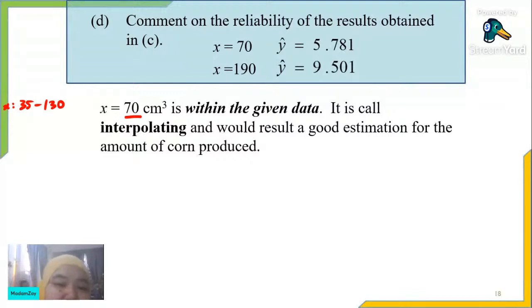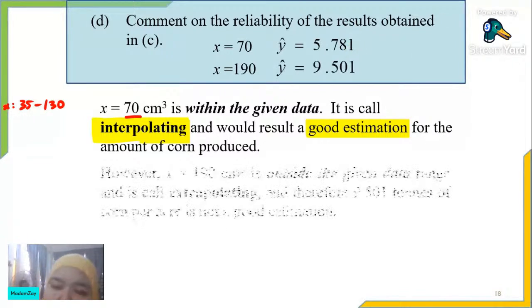It is called interpolating. It means within our range, so if we plot it, the value is within the range. So there is no problem. It would result in a good estimation here, because with interpolating it will not stray far. So it's a good estimation for the amount of corn produced. So we can expect this amount, Y hat, of corn produced.